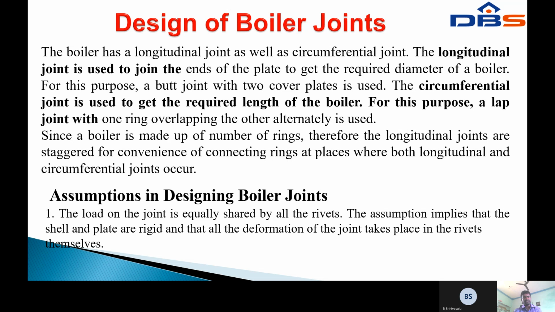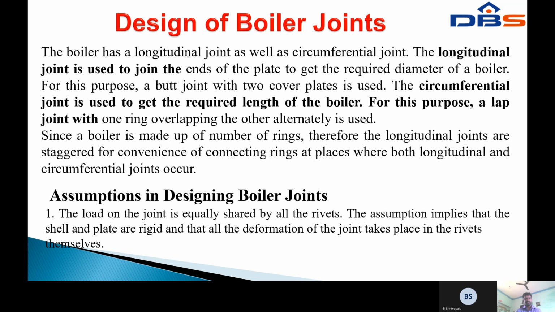For this purpose, a lap joint with one ring overlapping the other is used. Since a boiler is made up of a number of rings, the longitudinal joints are staggered for convenience of connecting rings at places where both longitudinal and circumferential joints occur.